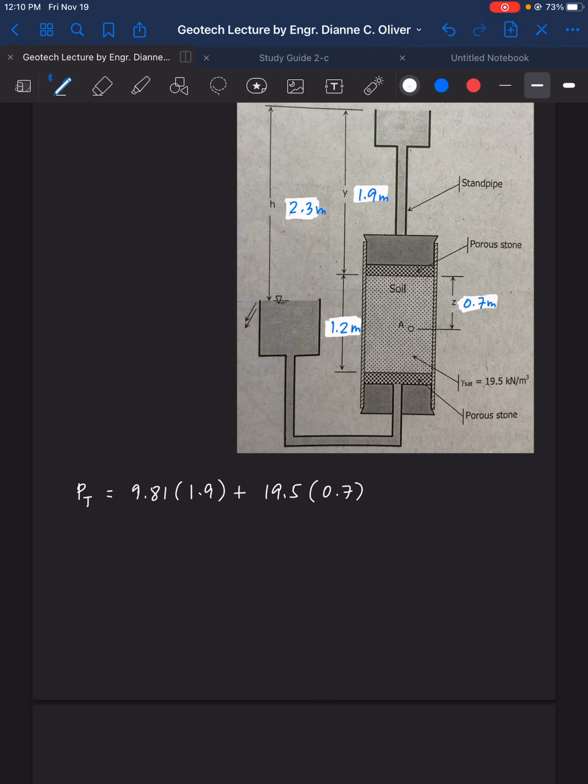So that is P total, 32.289 kilopascal. Then let's go to P water. Now in order to compute for P water here, we need the value for H A.